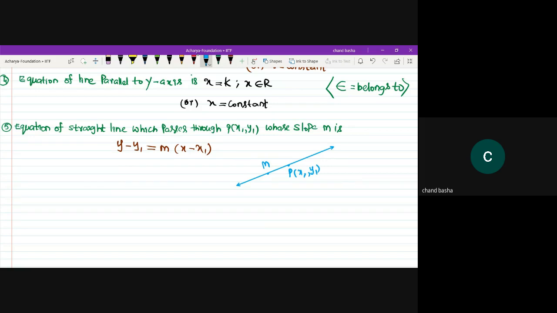Here, one point and the slope are given. The formula is y minus y1 is equal to m into x minus x1. That is the equation of the straight line in point slope form, because one point is given and the slope is given.